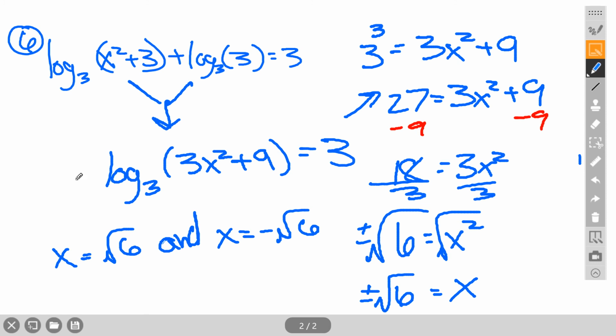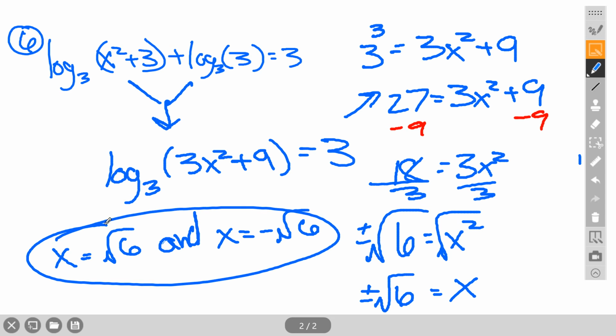So it looks like both of these are actually going to work for number 6. We would say the solutions here are square root of 6 and negative square root of 6. They both work here. Neither of these give a negative in the logarithm.